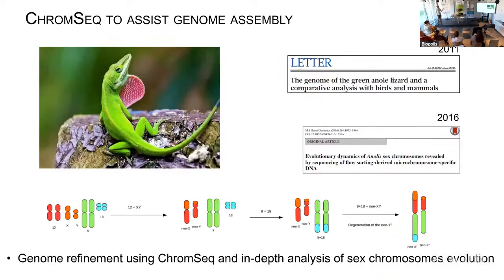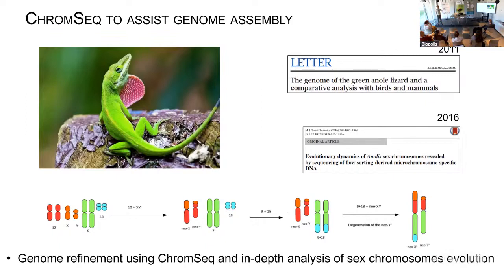Again, a different group of vertebrates, reptiles. The green anole lizard was the first genome of reptiles that came out. And also in this case, in 2016, with a different paper, some important refinements were made on the genome to assign the genome to the karyotype.